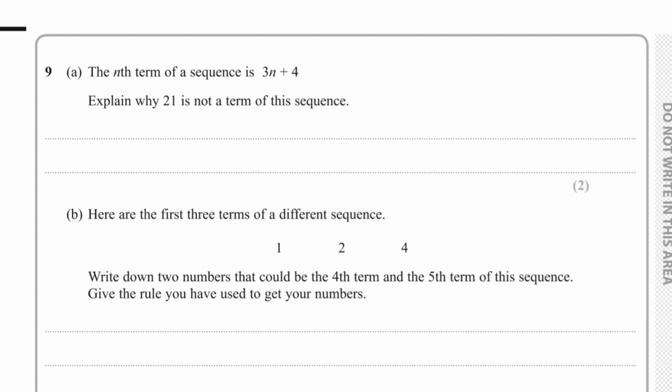Question number 9. For part A, the nth term of a sequence is 3n plus 4, and we have to explain why 21 is not a term of this sequence.